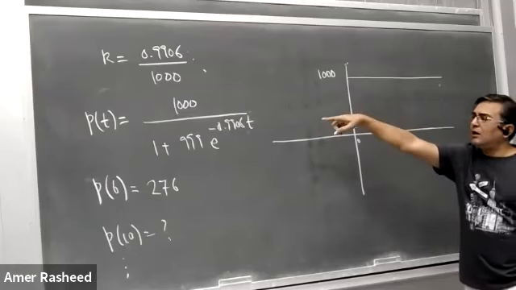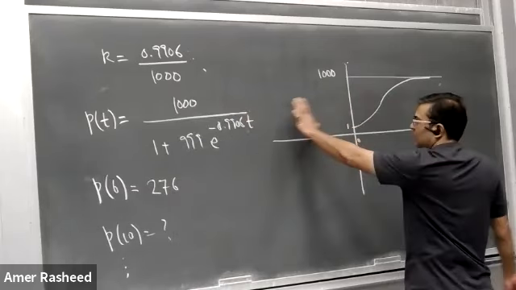Initially, the growth rate is slow, but it grows up to maximum capacity. And then after a certain time, the growth rate will decrease, and it will eventually reach 1000.